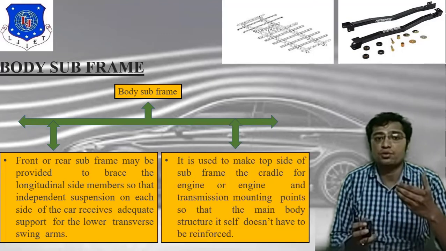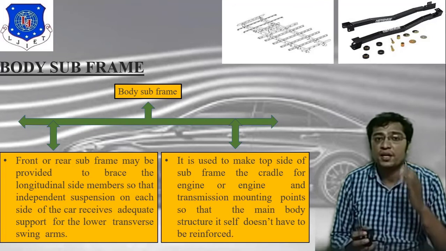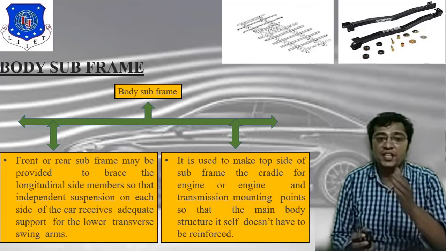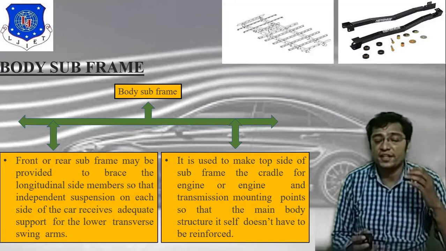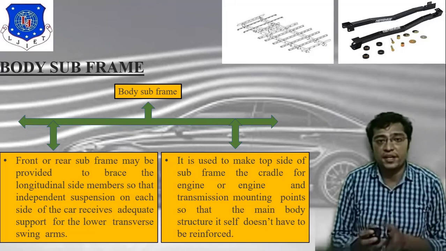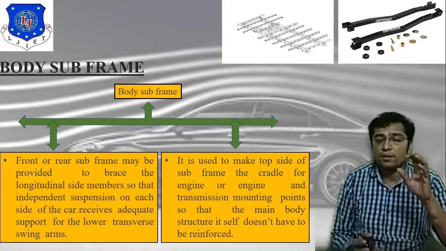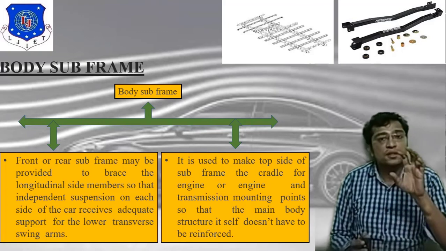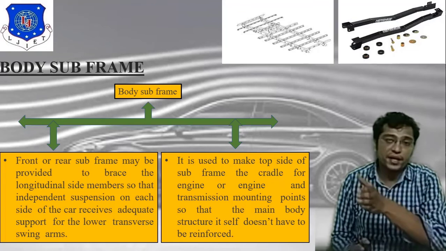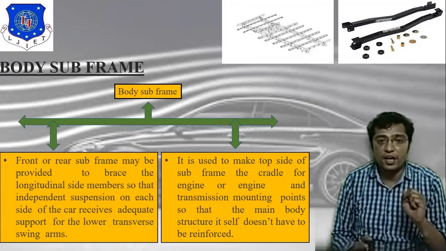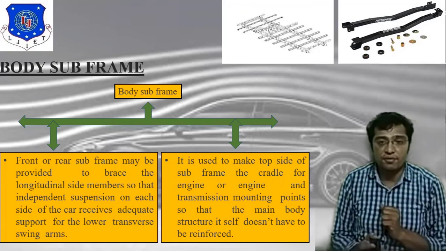It is used to make the top side of the subframe the cradle for the engine, or engine and transmission mounting point, so that the main body structure itself does not have to be reinforced. So the body subframe is a supporting element attached at the front end or rear end according to requirement. This is what a body subframe is.